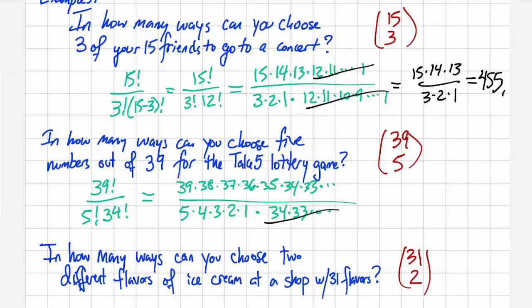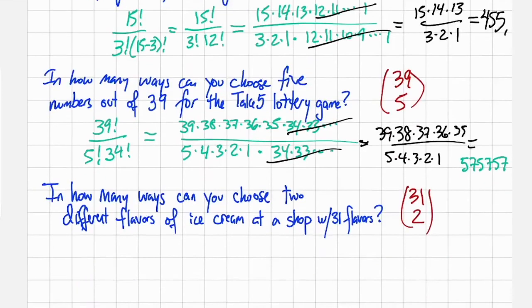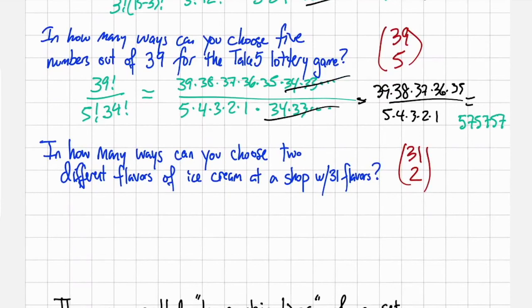Again, a number of these factors divide out to 1, and so we're left with 39 times 38 times 37 times 36 times 35 divided by 5 times 4 times 3 times 2 times 1, which equals the particularly interesting number 575,757.